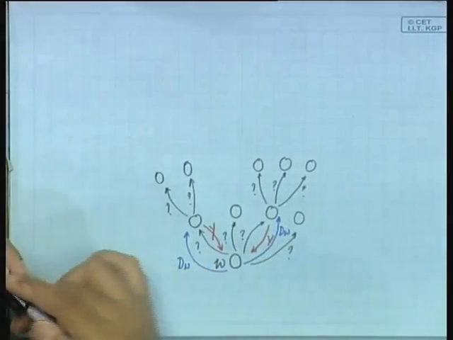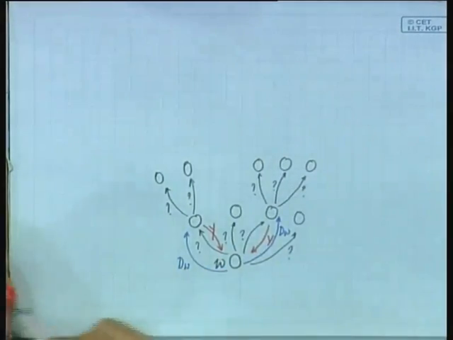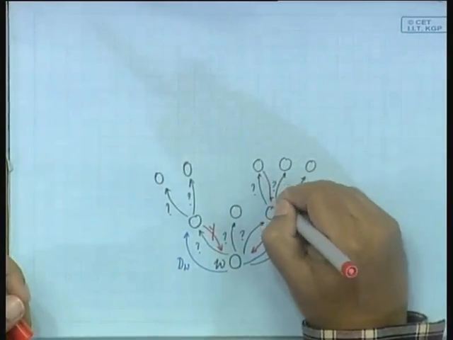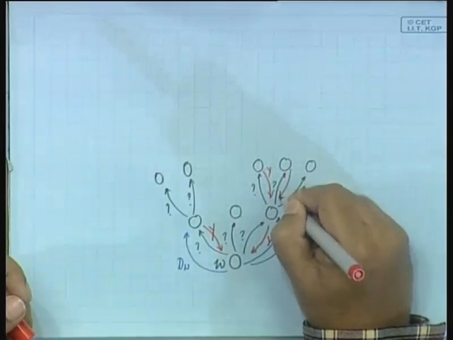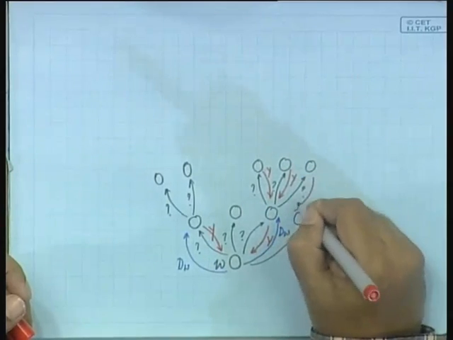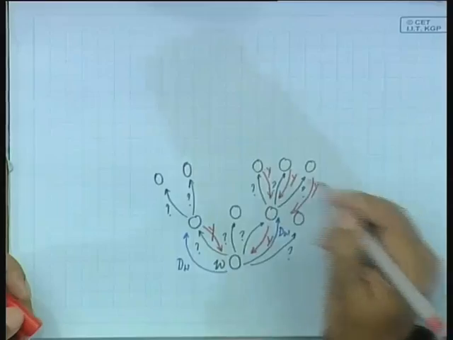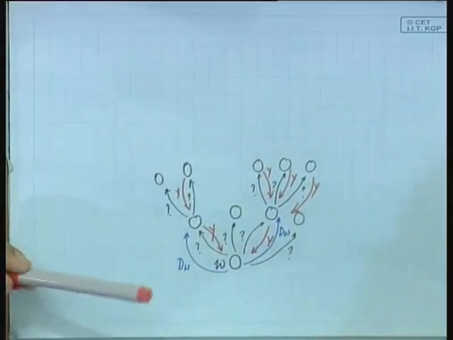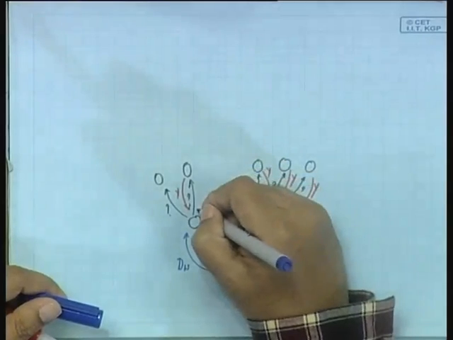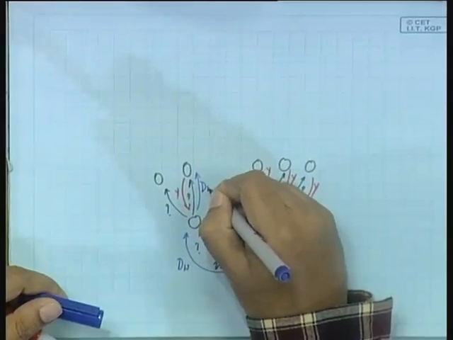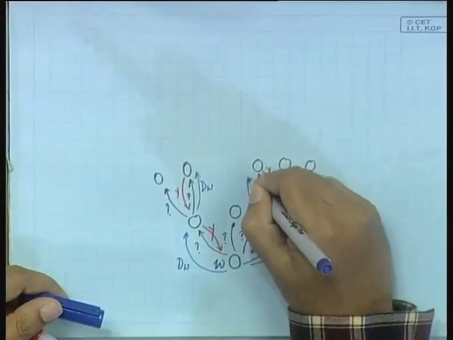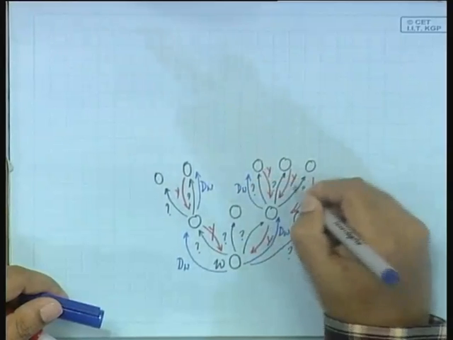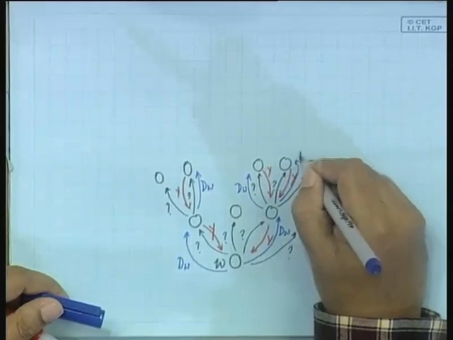Now, out of these, let us say that all three of them say yes, I am a parent, and maybe here only one of them says I am a parent. Then this node will send DW to only this one, and this node will send DW to all of them, because whoever has said yes will receive DW.